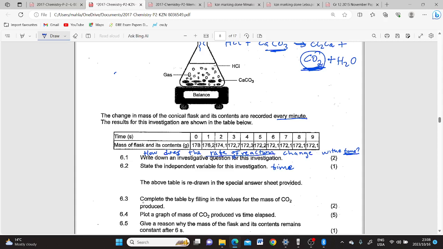The table is redrawn in the special answer sheet provided. So complete the table by filling in the values for the mass of the carbon dioxide that is being produced. So now let's erase here.